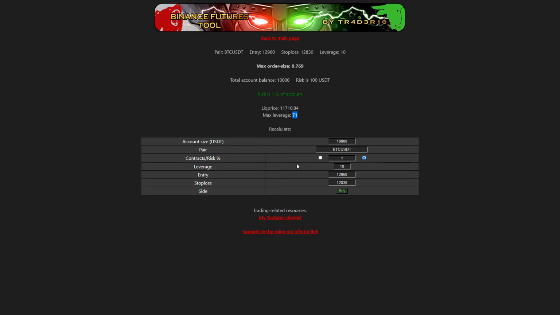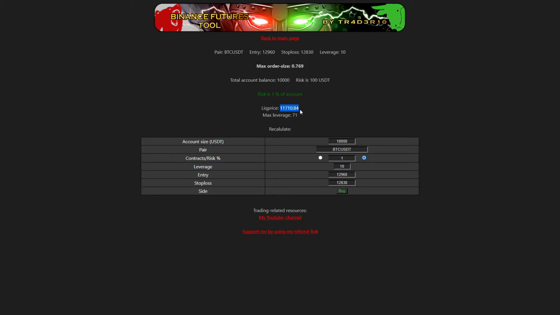Yeah. So with this order I showed earlier, with 10x leverage, there is a liquidation price at 11.7K basically, meaning that if this trade isn't working out, all the margin you spent on this trade, so the $1,300 in this example-ish, you would lose.